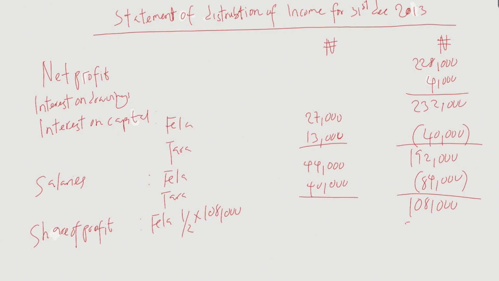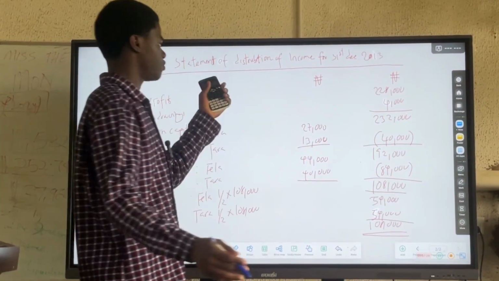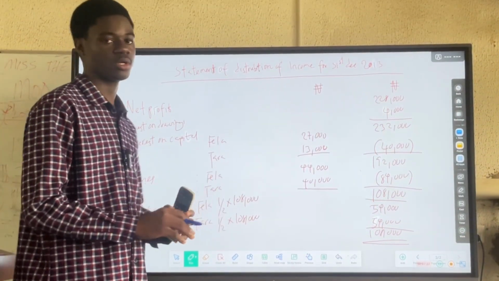So for Fela, we have 54,000, and then for Tara, we have 1/2 times the same thing, which is 54,000, and then we have 108,000, and we're done with the preparation of the statement of distribution of income, or profit and loss allocation account.